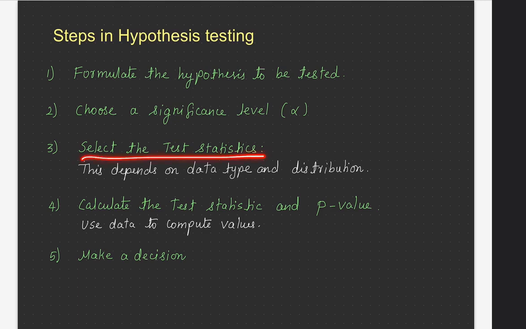Once we select the appropriate test statistic, we find the test statistic value and p-value using the sample data. And finally, using the test statistic value, p-value, and significance level, we can draw a conclusion about the population parameter, that is, about the hypothesis.